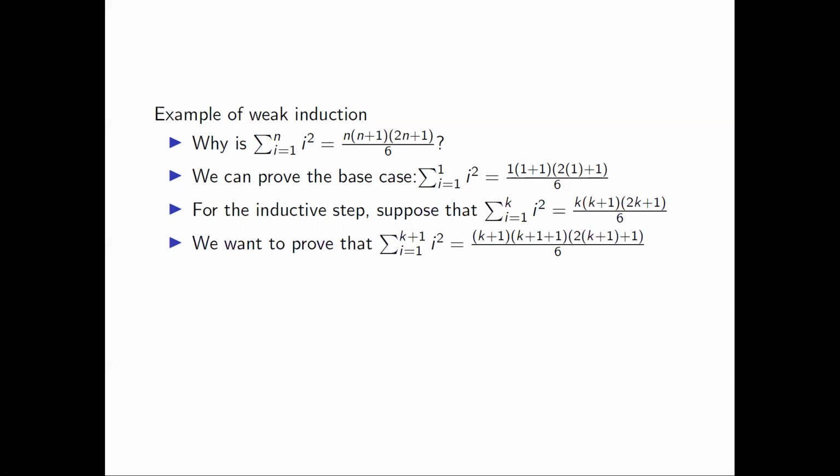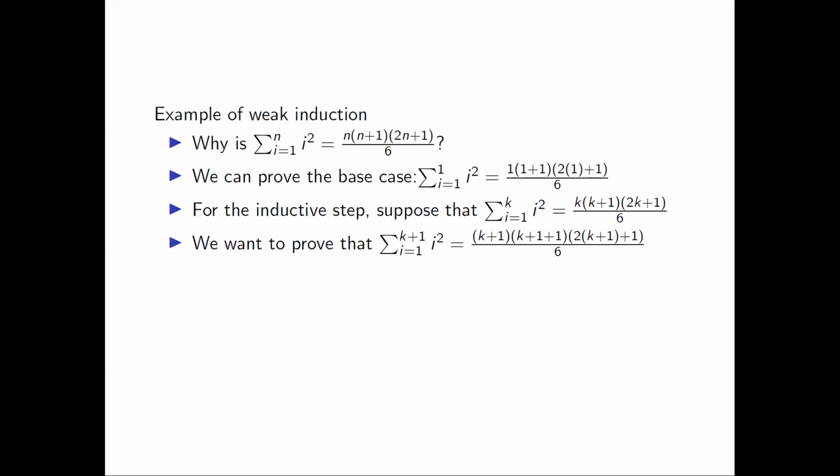In other words, to prove that the sum from i equals 1 to k plus 1 of i squared is equal to k plus 1 times k plus 1 plus 1 times the quantity 2 times quantity k plus 1, plus 1, all over 6.